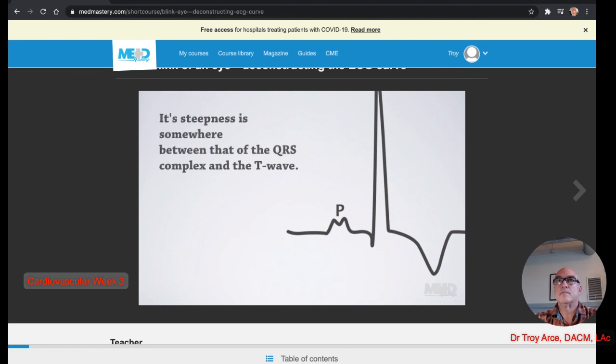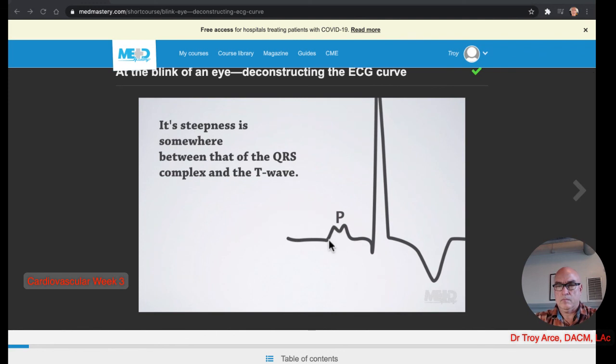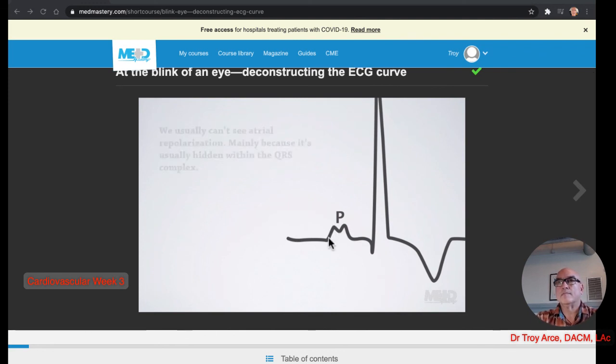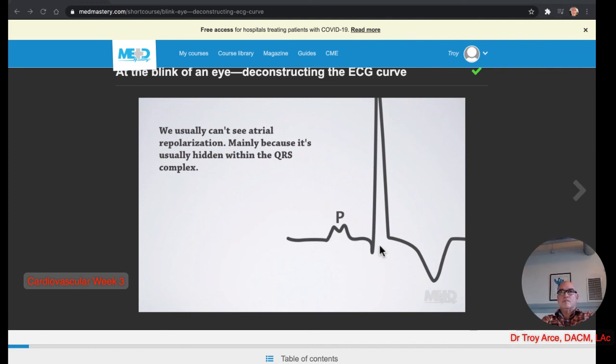Its steepness is somewhere between that of the QRS complex and the T wave. So this is the QRS complex, and it's the steepest part of the ECG. This is the T wave, and it's the least steep part, and the P wave is somewhere in between. We usually can't see atrial repolarization, mainly because it's usually hidden within the QRS complex.